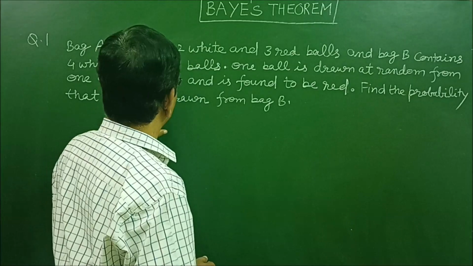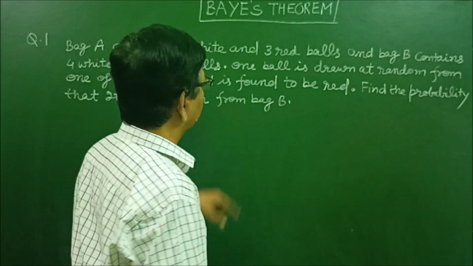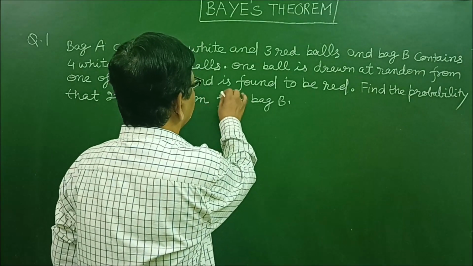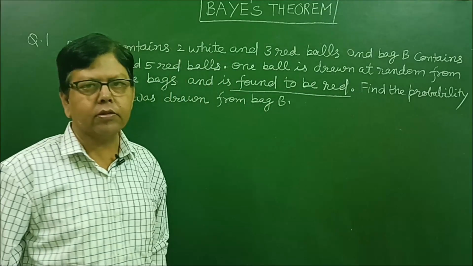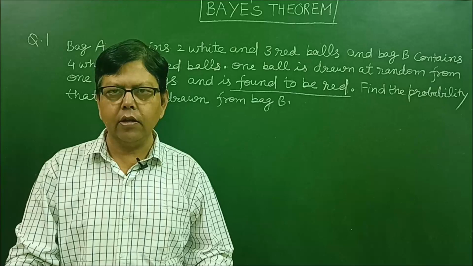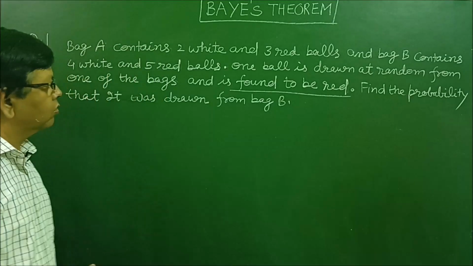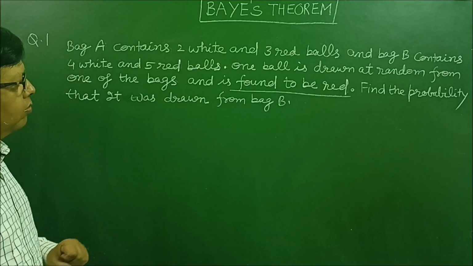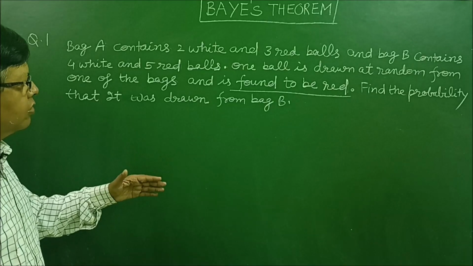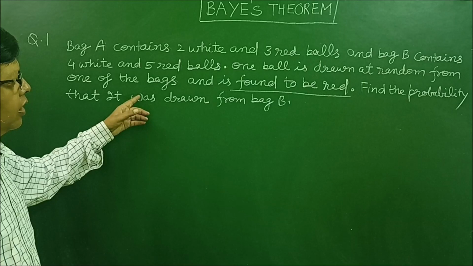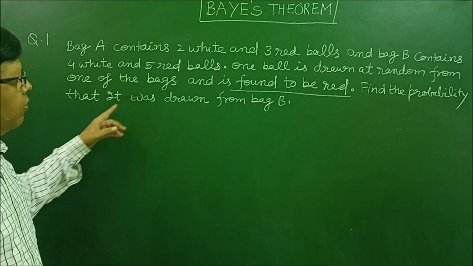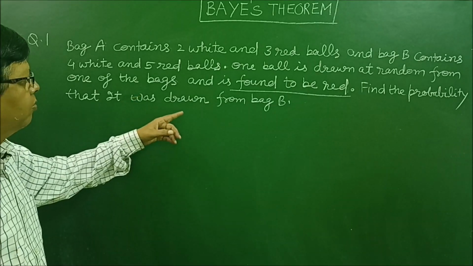Find the probability that it was drawn from bag B. Now see this line, found to be red. This condition is given. This has already occurred. So we will apply Bayes theorem, because if a given condition is there, this has happened, then generally we apply Bayes theorem.